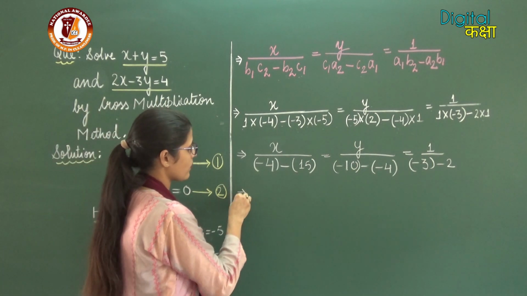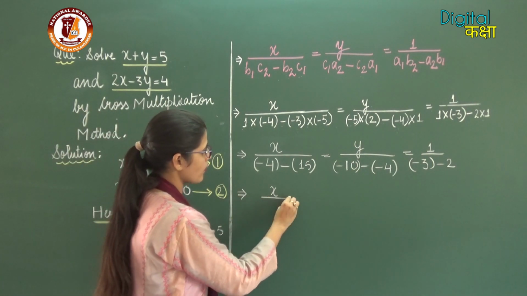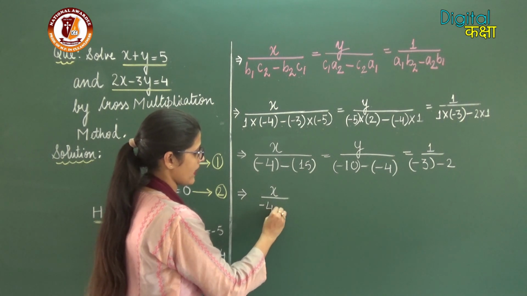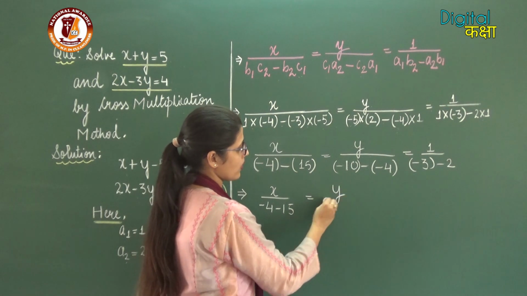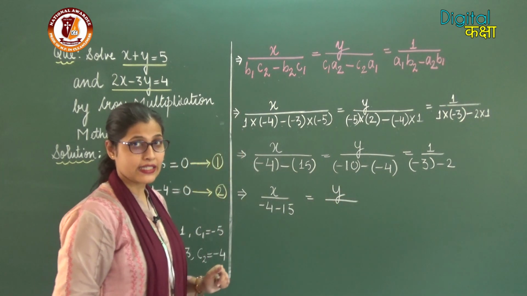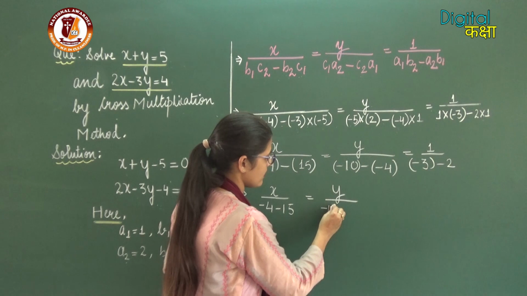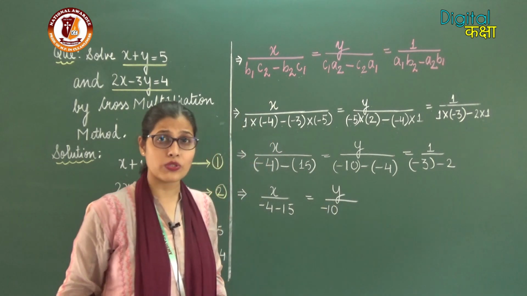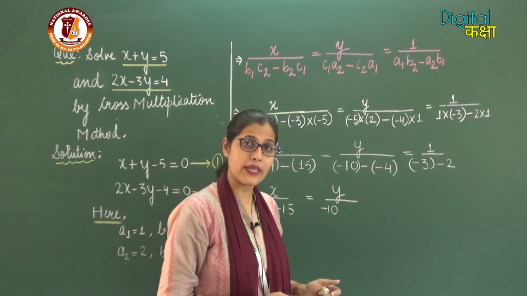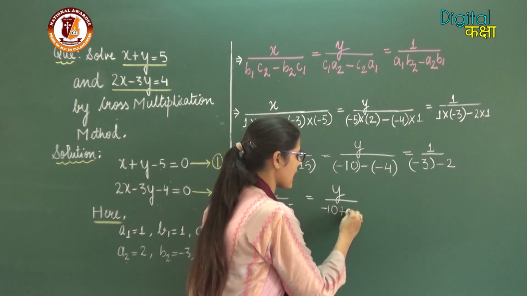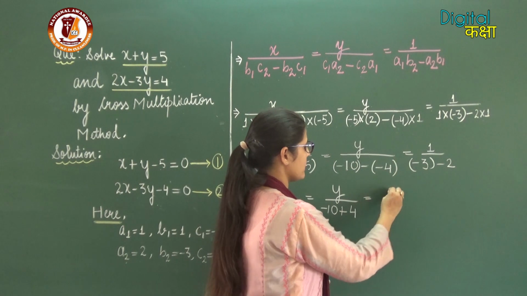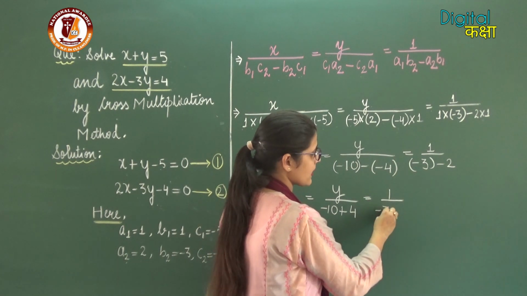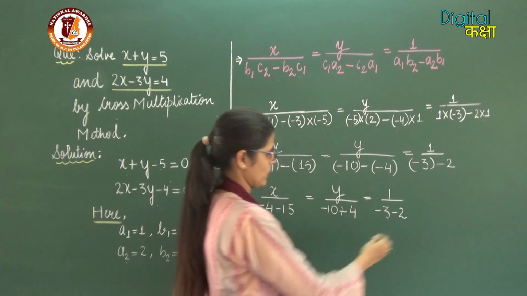So it will be written as x upon minus 4 minus 15 equals to y upon, now I will be opening the brackets, minus 10, and as you know that minus minus will be plus, so it will be written as plus 4 equals to 1 upon minus 3 minus 2.